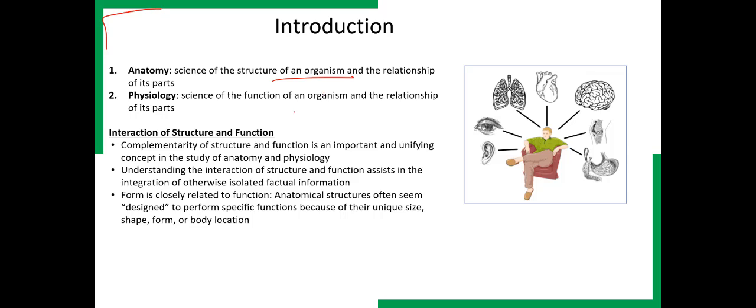Whereas physiology is a science of how the body works, the function of the organism. So the function of each part, as well as the relationship of each part to each other and to the whole body. There is an interaction, obviously, between structure and function. So we call that a complementarity.